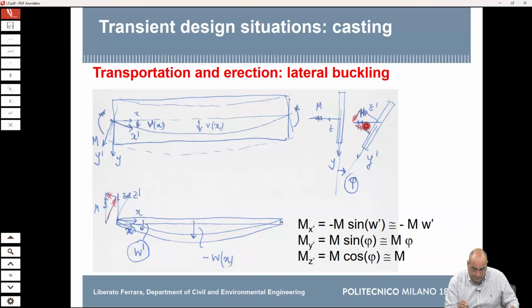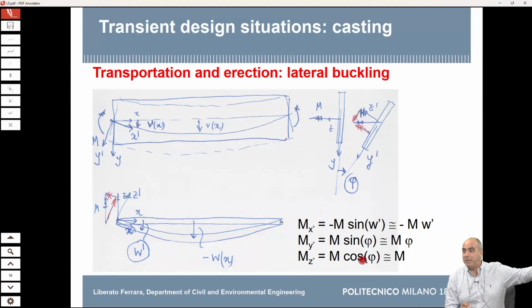We have to multiply by the cosine of this angle. And as a matter of fact, if you look at the similarity of the triangles, if the rotation angle is phi, that angle is exactly phi. So the moment along Z prime will be M times the cosine of phi.